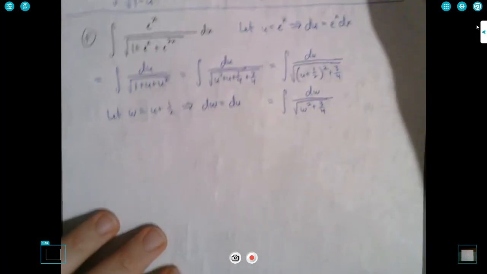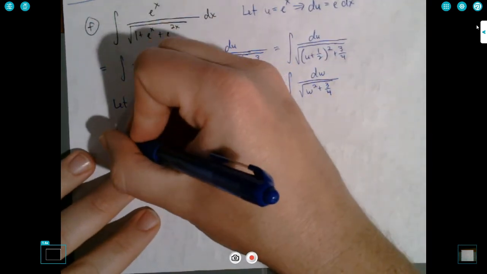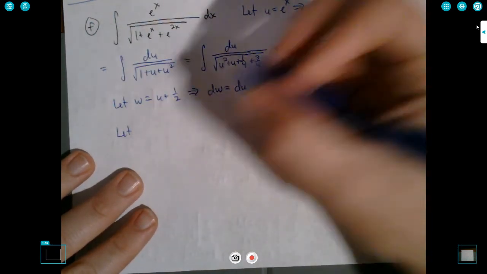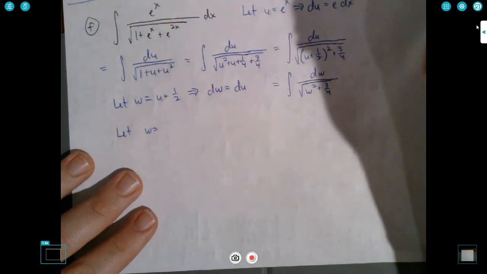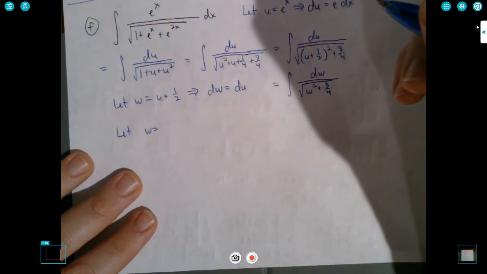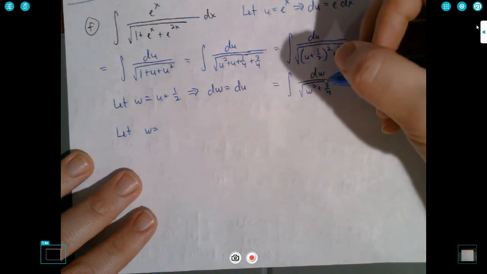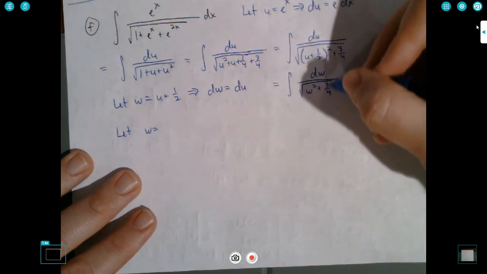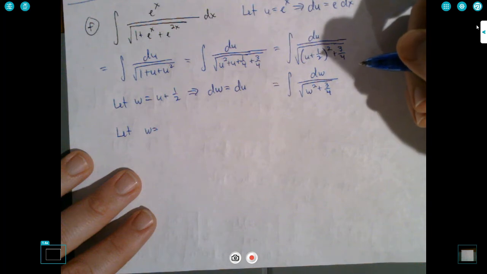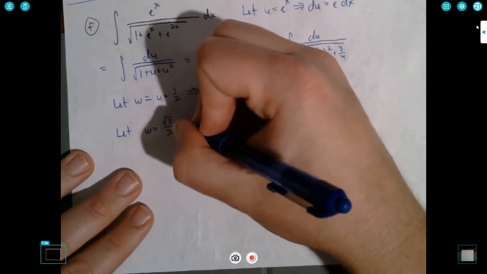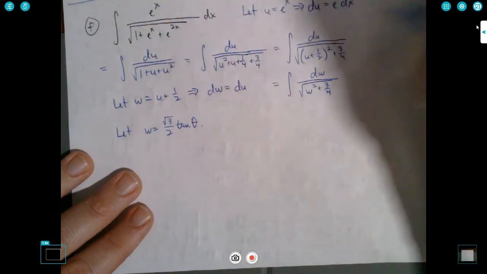Okay, so now I'm ready to do my trig substitution. So now I can say let w equal, it's supposed to be a tangent theta. a would be square root of 3/4, so that would be root 3 over 2. So I'm going to let w be root 3 over 2 tangent theta.